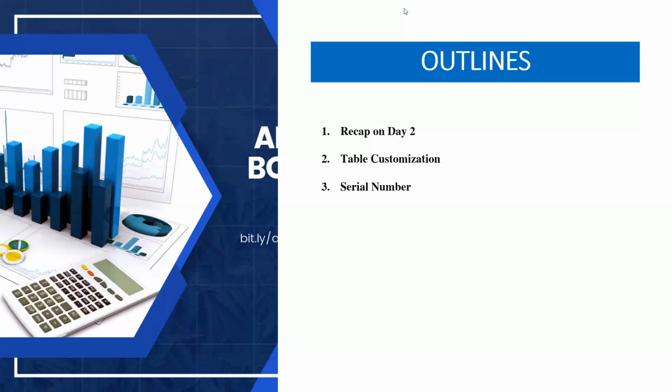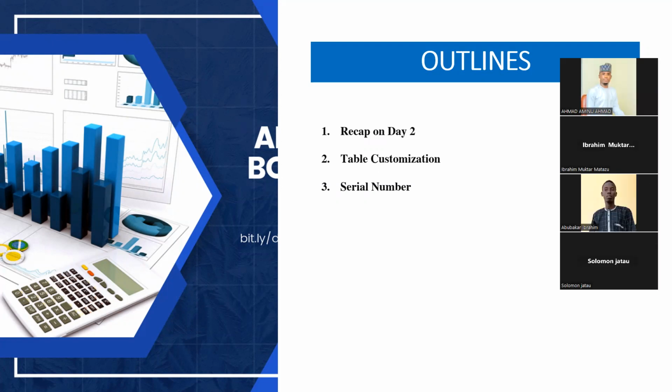So today we are going to talk about two topics that have to do with table customization and serial number. Before I open my Microsoft Excel, I'll explain this to you so that you will know what we are to cover under each of these two topics. One, table customization has to do with how you are going to customize your table, how to make your table look good.